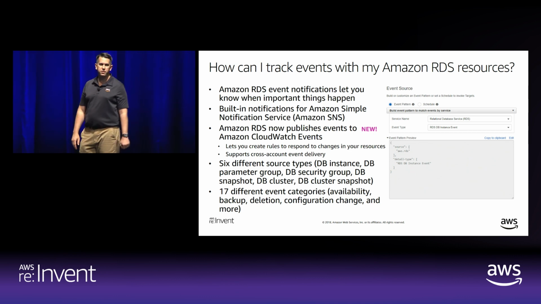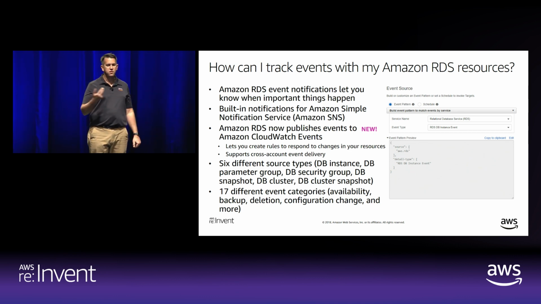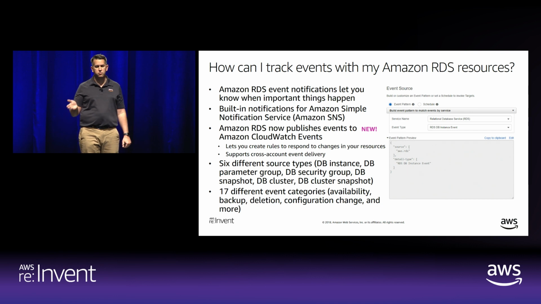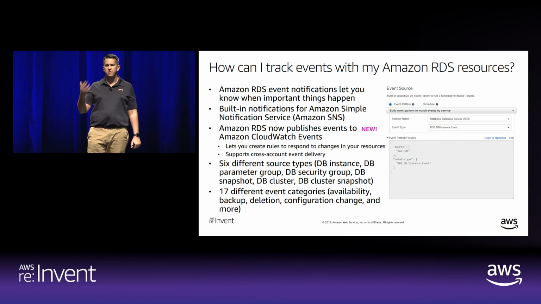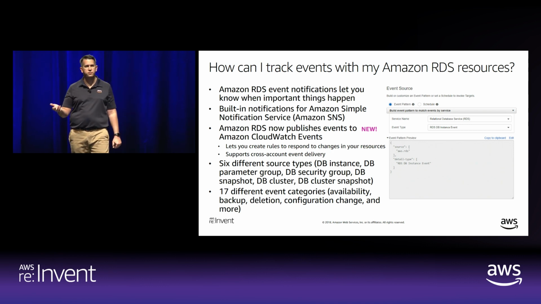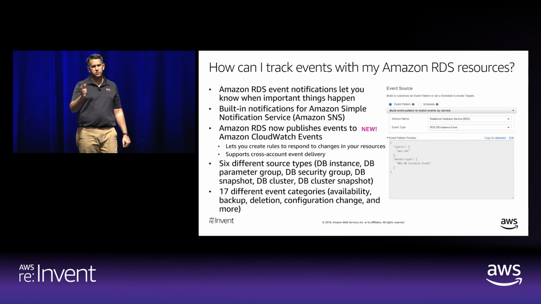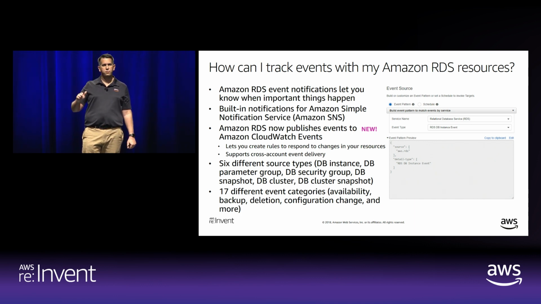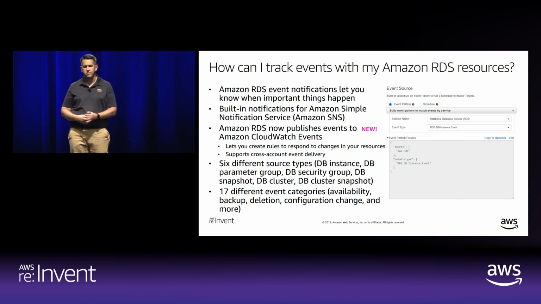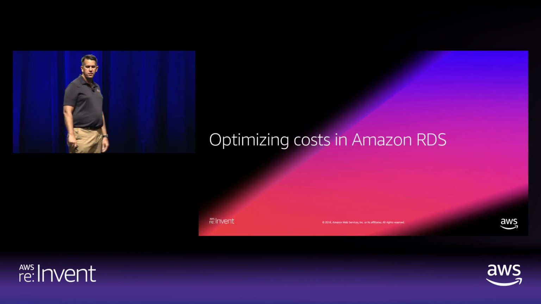Now we emit events for instances, parameters, security groups, snapshots, clusters. So all of these event categories will generate a different set of events that you might want to be able to trigger on. So that's in there today. You just go into CloudWatch events and pick Amazon RDS as the source of that event.